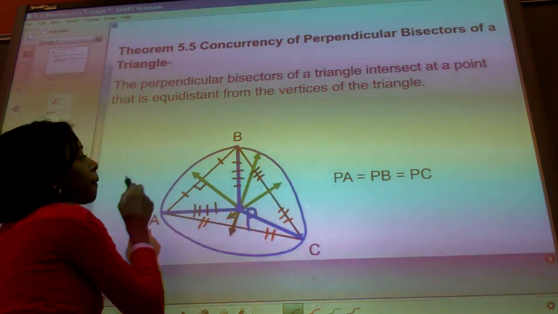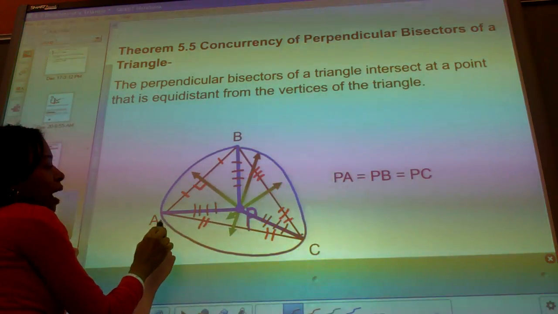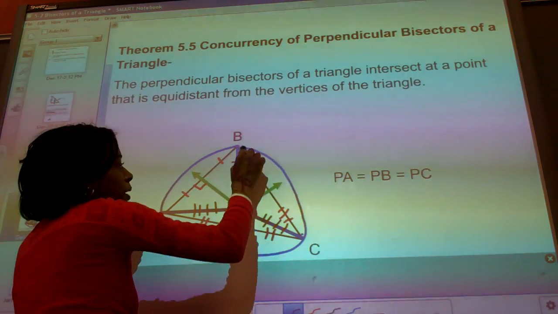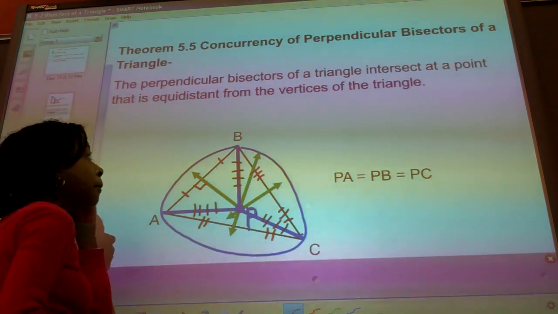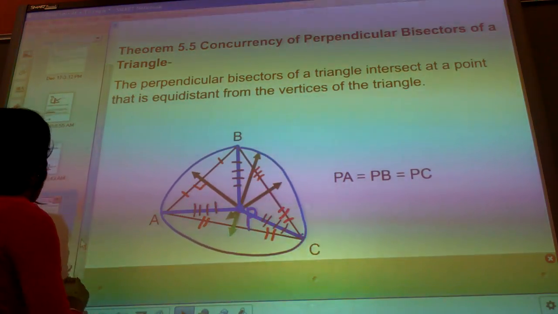PA is congruent, or equal, to PB and PC. Right? And this is theorem 5-5.